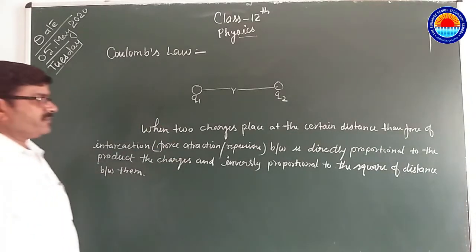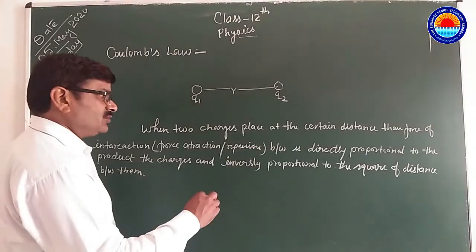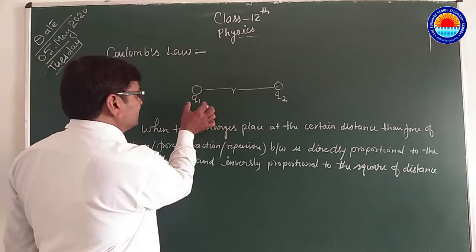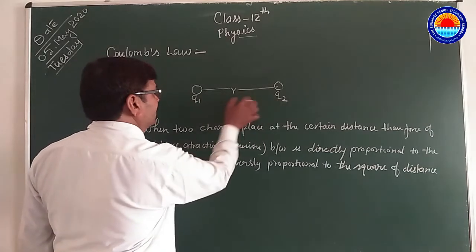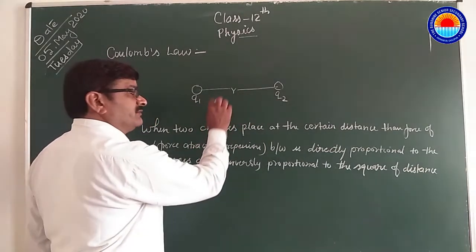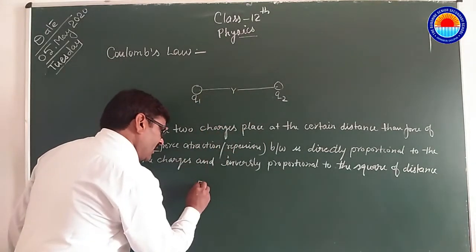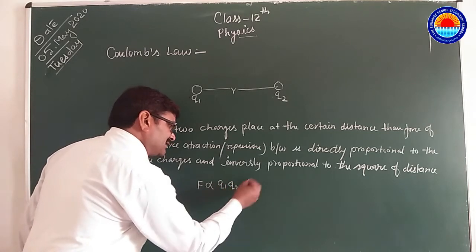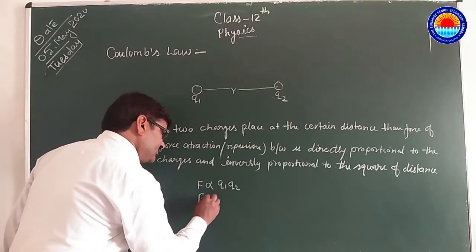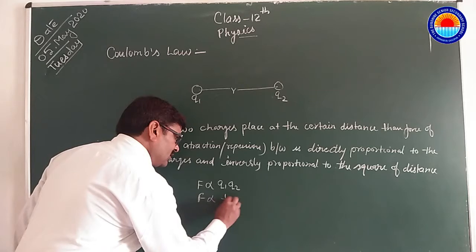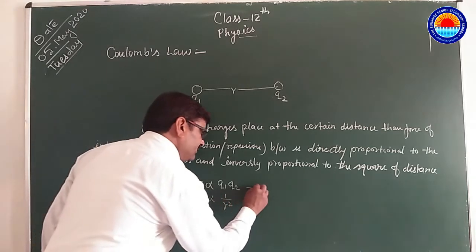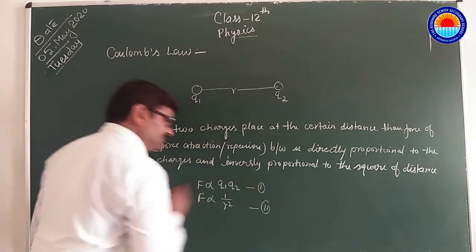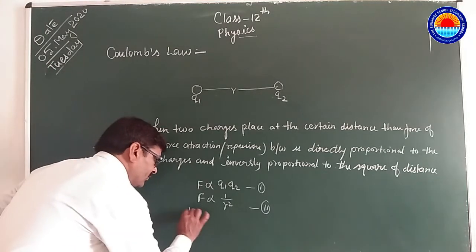According to Coulomb's law, when two charges are placed at a certain distance R, the force of interaction F between them is directly proportional to the product of the charges, equation number 1, and inversely proportional to the square of the distance between them, equation number 2.